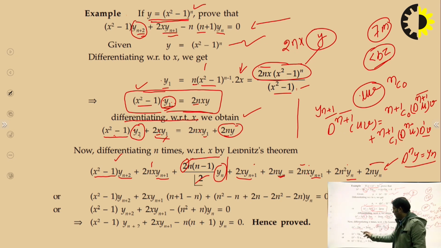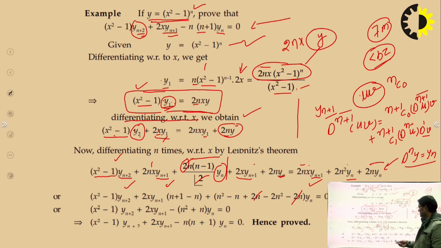So take yn plus 1, then yn plus 1, then yn as common terms. So you see 2n and 2n cancel because of plus and minus. Here I hope, yes, we can subtract this n square from 2n square. So the final answer looks like this. Hence this is the required answer which we have to prove.